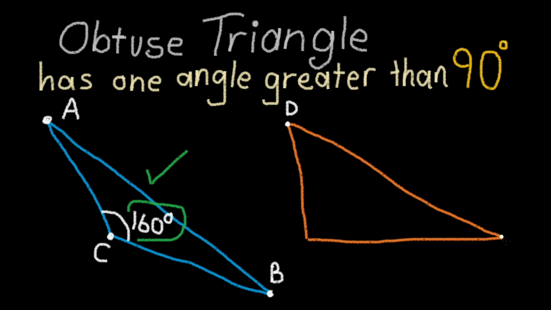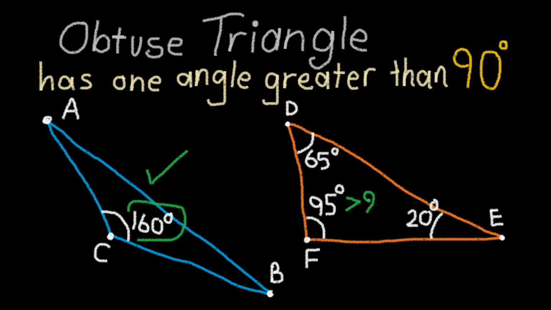The interior angles of the triangle DEF measure 65 degrees, 20 degrees, and 95 degrees. The angle F is only slightly greater than 90 degrees, but it still qualifies as an obtuse angle, so the triangle DEF is also an obtuse triangle.